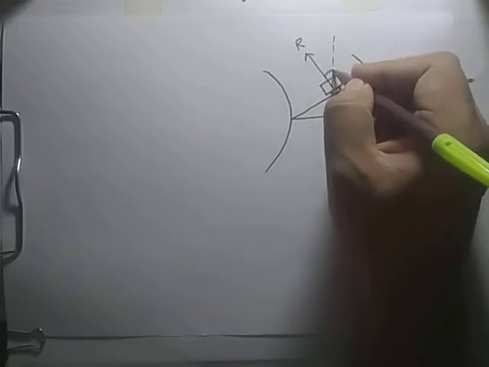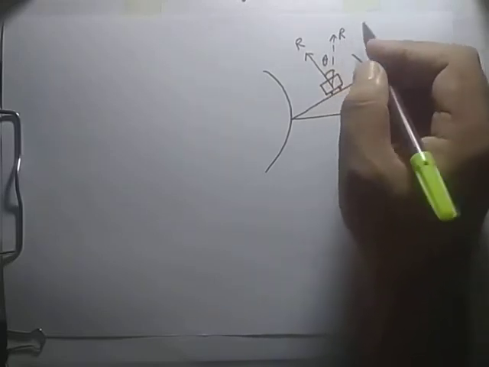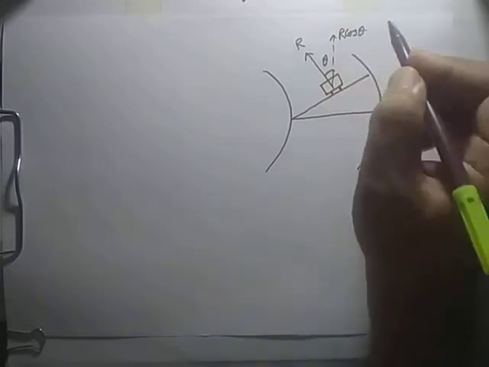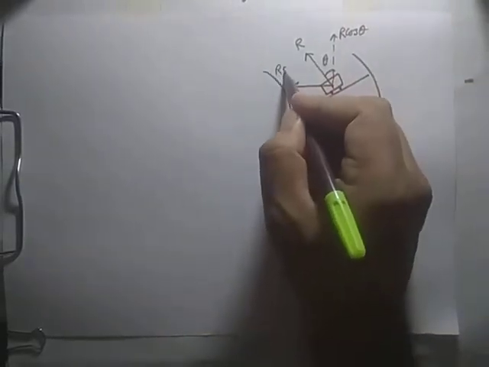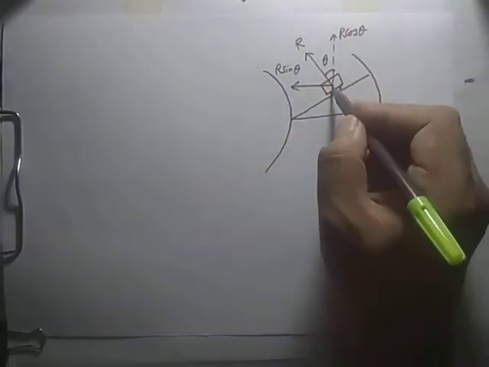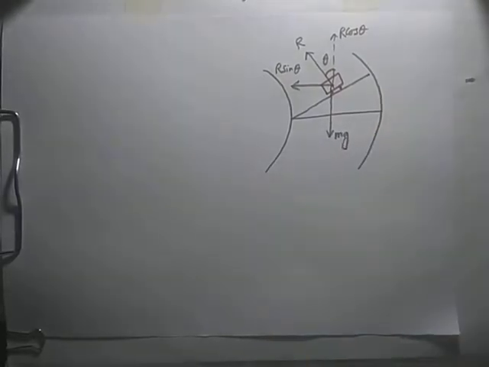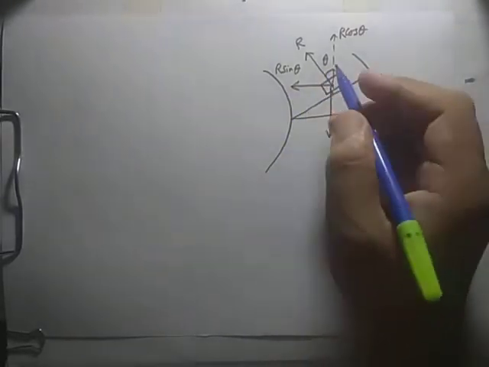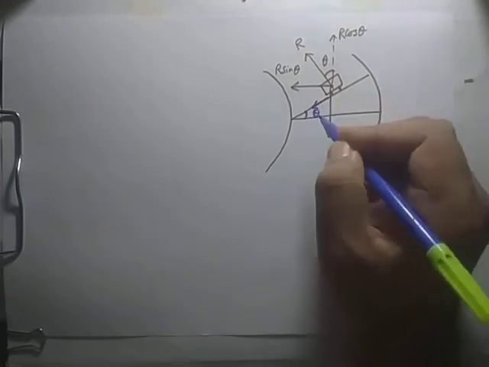In this way, this is the theta. So we can get R cos theta in this direction and R sin theta in this direction. mg always works in the downward direction. And if I consider the friction working in this direction, this is theta also.